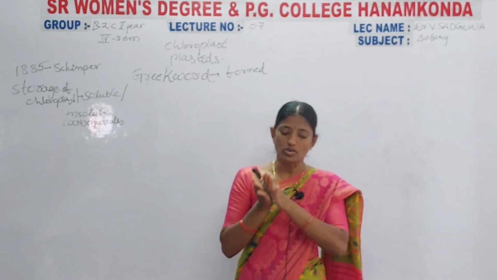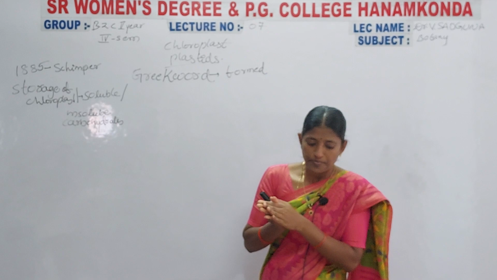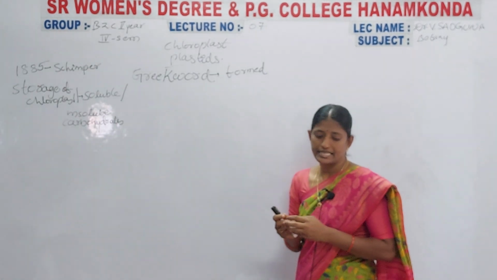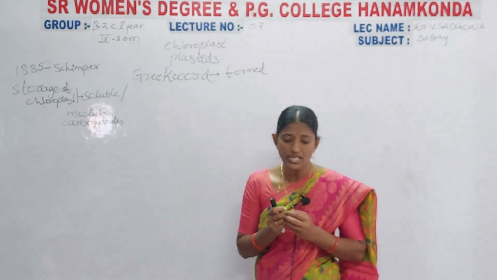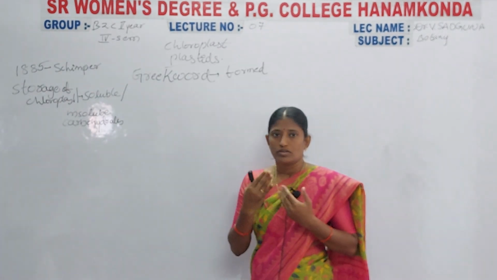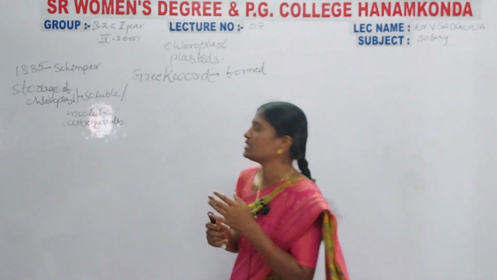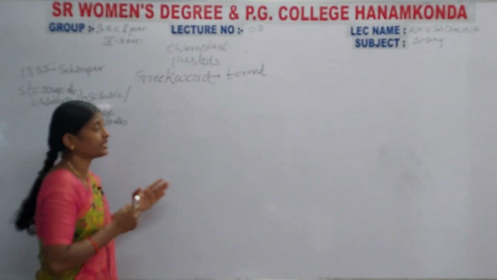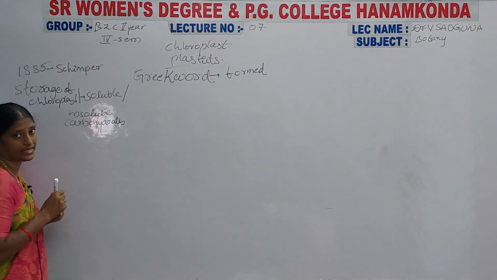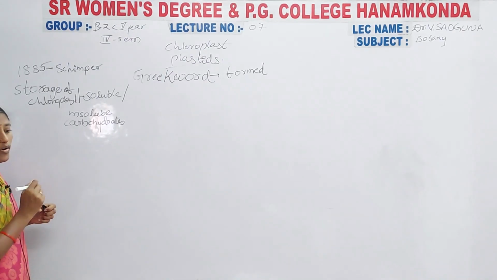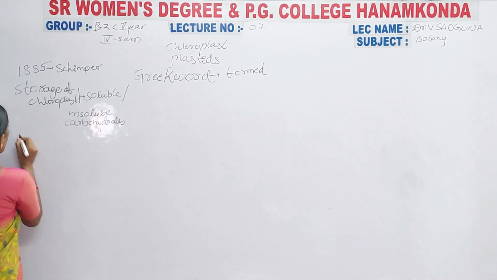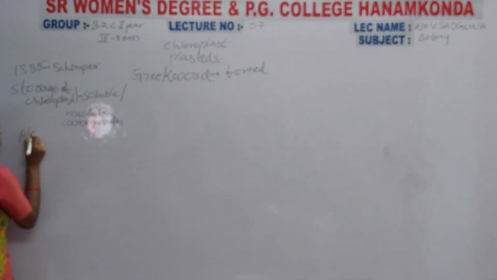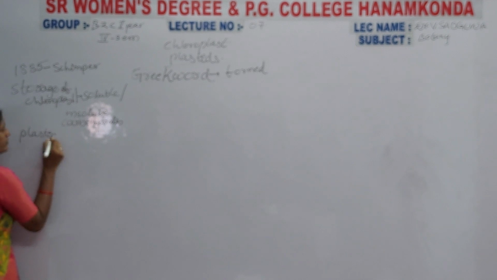The plastids consist of chromatophores. The chloroplast, another name for it, is the plastids.